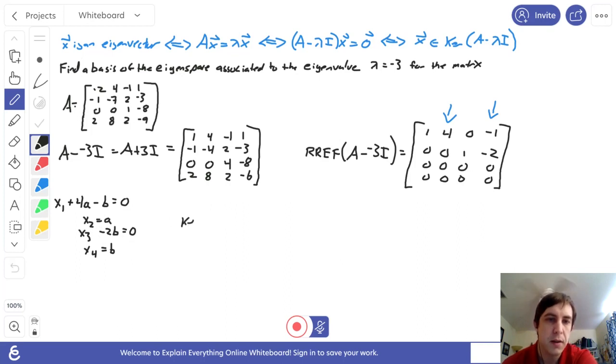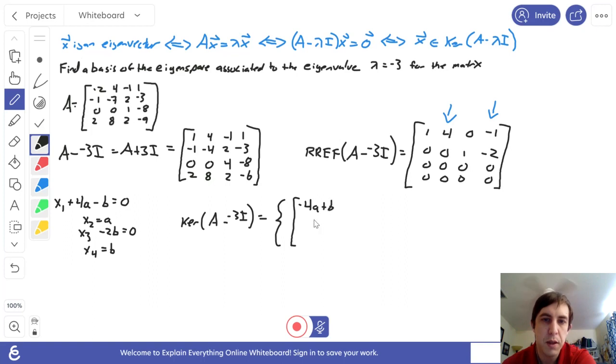That'll allow us to write down the kernel of A minus -3I. So these are all of our vectors. We said x1 is -4a plus b, x2 is a, x3 is 2b, and x4 is b.